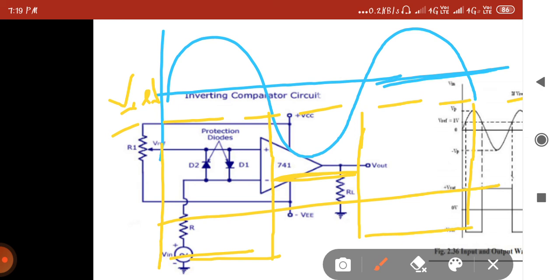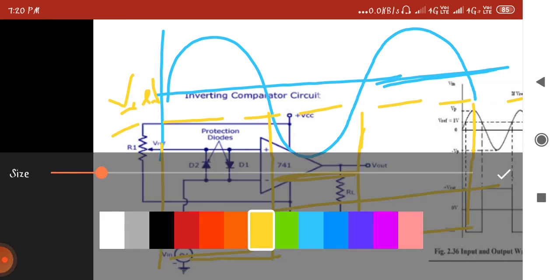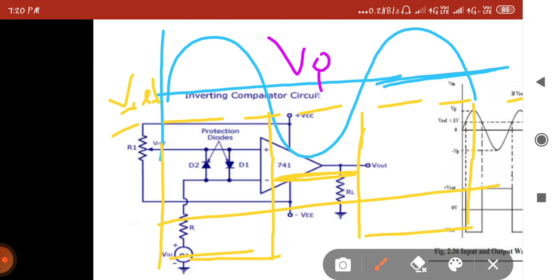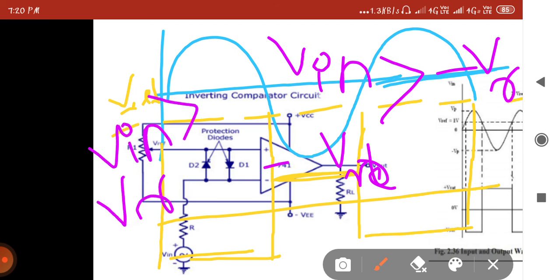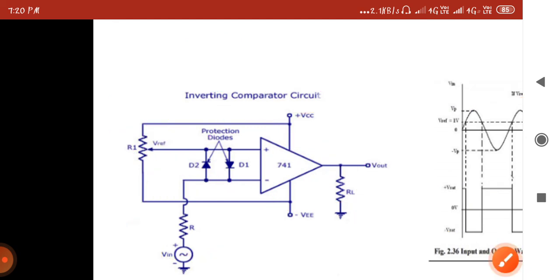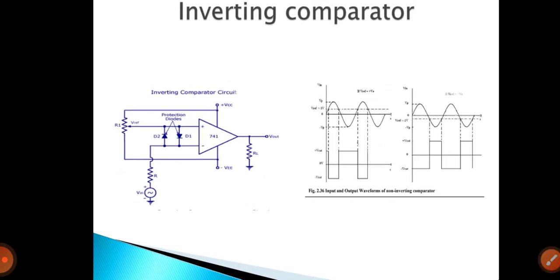This is the negative V reference, right? V in is greater than negative V reference. Before that, V in is greater than positive V reference. Yes, this is the waveform of the inverting comparator.